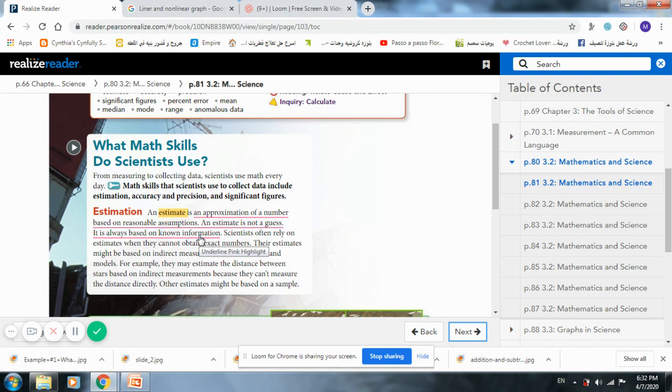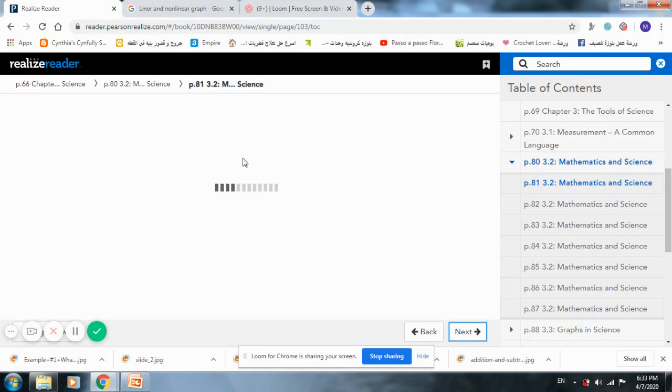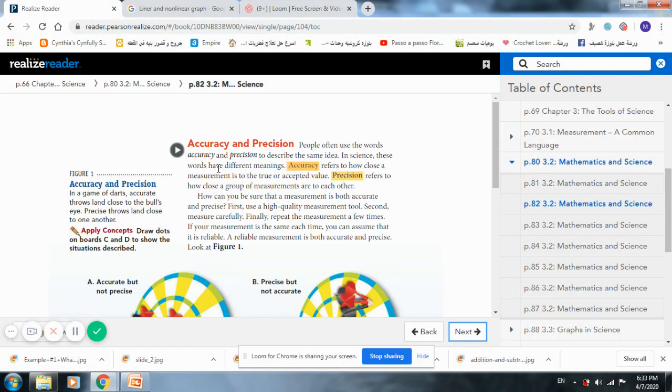Estimate means giving a right range from-to, but the exact price is between from and to. Okay, this is the meaning of estimate. The most important point in this definition is, an estimate is not a guess, it's always based on known information. And from here we will start to study the difference between accuracy and precision.